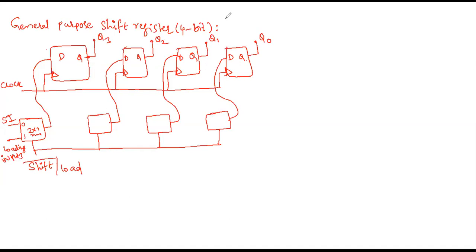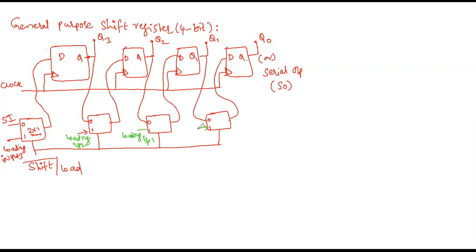Now, this output is connected to input. This is Q0 or serial output, and this is loading input 2, loading input 1, loading input 0.